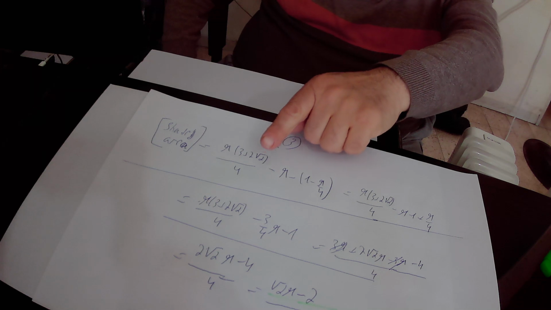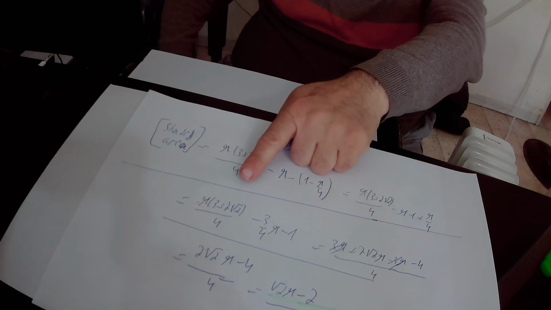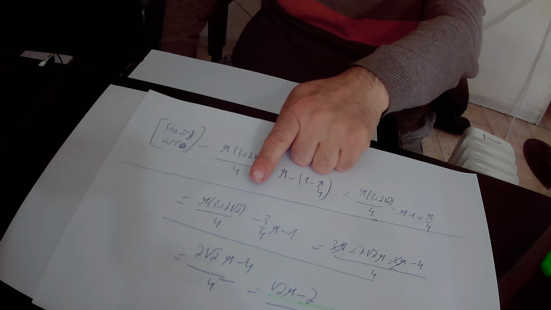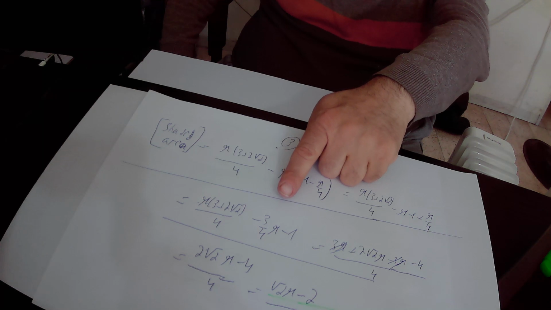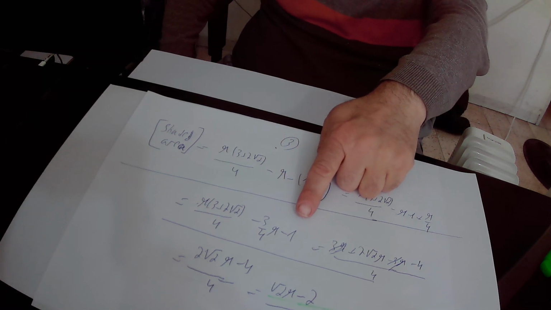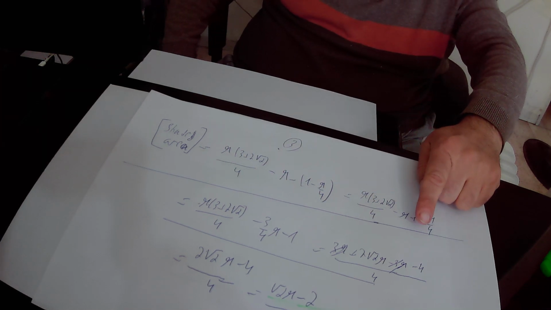So here we open the brackets, pi times 3 is 3 pi, and 2 times root of 2 times pi is 2 times root of 2 times pi, and we have here minus 3 pi, and we multiplied minus 1 by 4, and then we divided by 4 in order to get a common factor with the other two expressions.